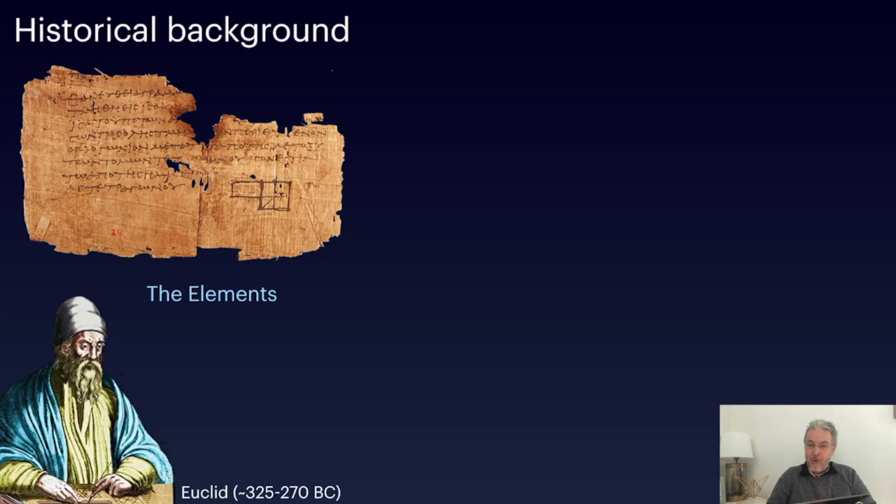So what he did in his Elements was something that changed mathematics in a really drastic way, because he was studying the inner workings of geometric objects, and for that he said, okay, let's do it in a logical and deductive way.